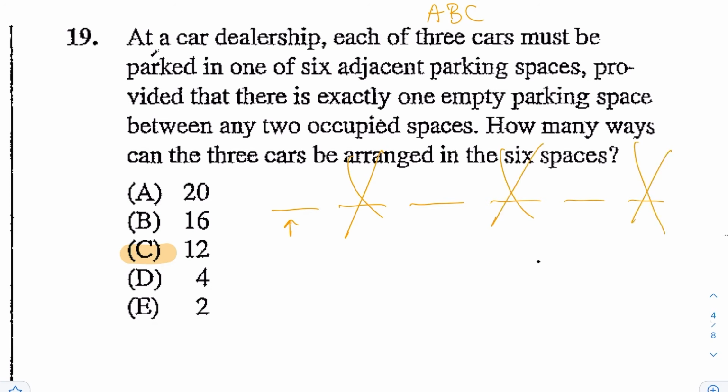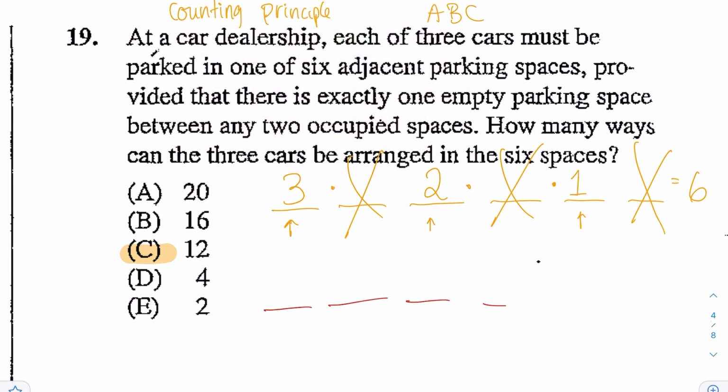So here you have a couple of options. Specifically, you have 3 options. And then for the second spot, you have 2 options left. And for the last one, you just have 1. And if you multiply, that would be 6. So this is your counting principle. But that's if you put a car in the first spot.